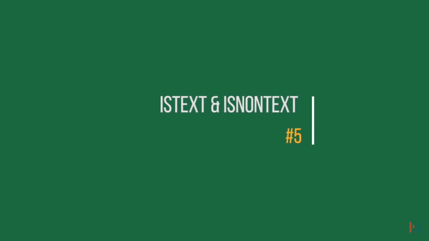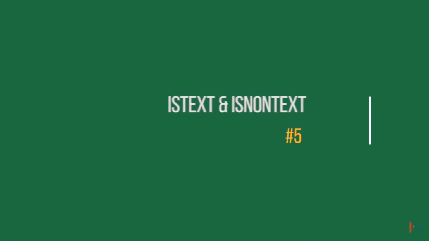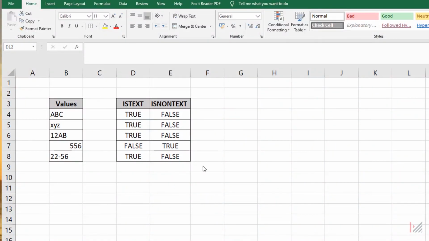And number 5, ISTEXT or ISNONTEXT. Same as before, these functions check whether the cell contains text or non-text. So here you can see in this column I have given ISTEXT, and in this one I have given non-text.